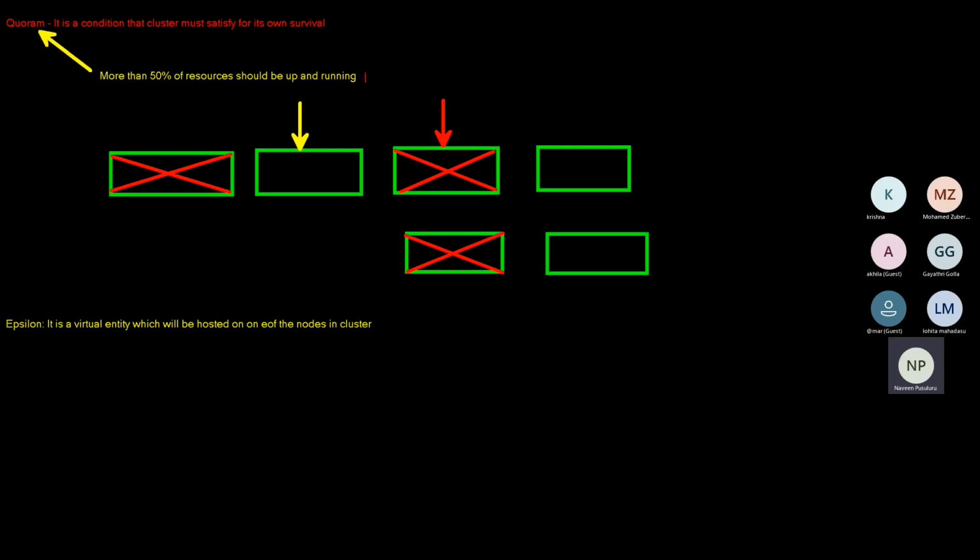The 50% of resources are up and running, 50% of resources are not running. We'll call this concept simple majority. So whenever the cluster has to survive, it always has to satisfy the simple majority concept in quorum. Okay. Any questions, guys? So epsilon will play a very crucial role.